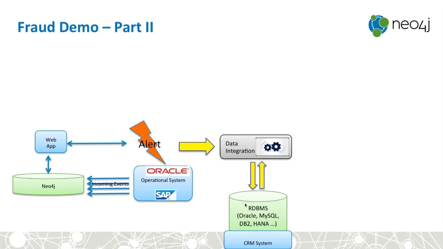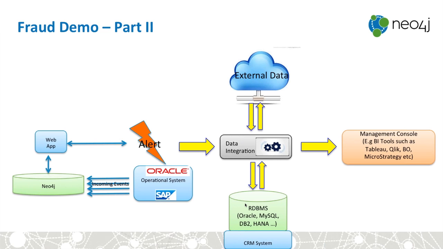What we want to achieve now is to take the suspicious data out of the graph database and enrich this with internal and external data using data integration technologies. Internal data could be coming from existing CRM systems, like financial systems and others. External data could be accessing public data, such as credit risks, further enriched with geographic data showing income or debt risks.